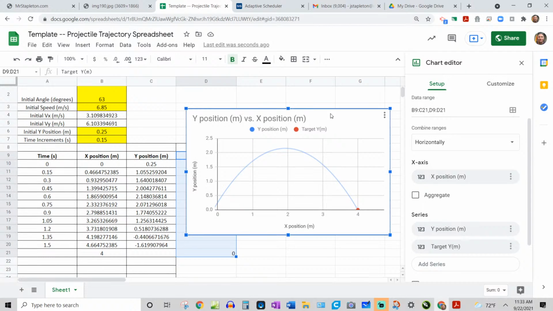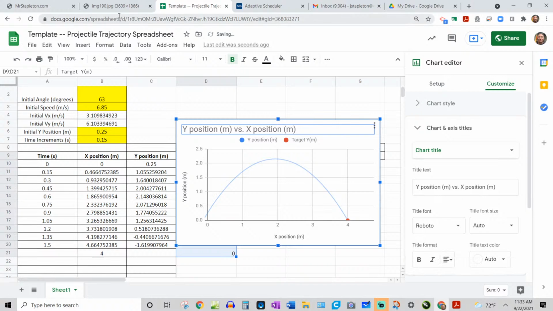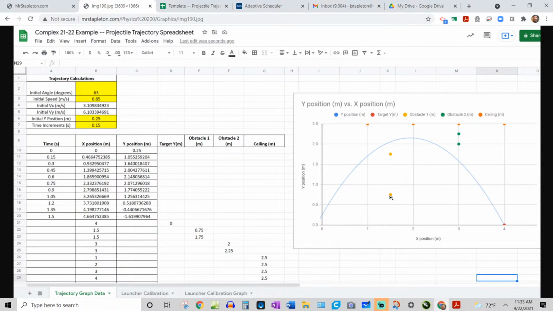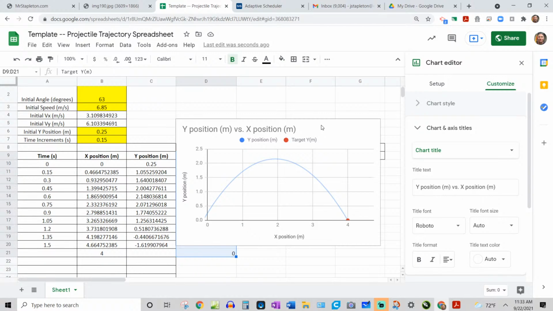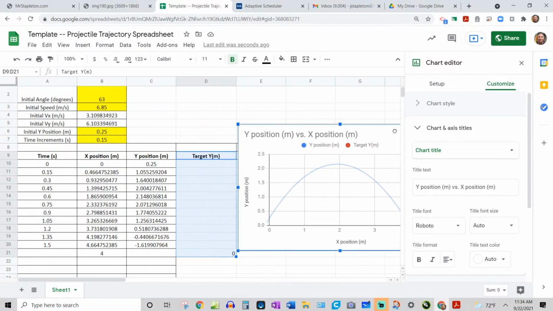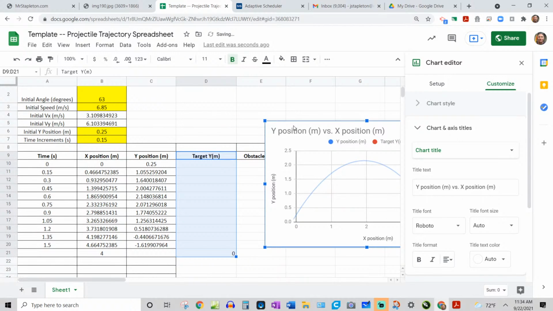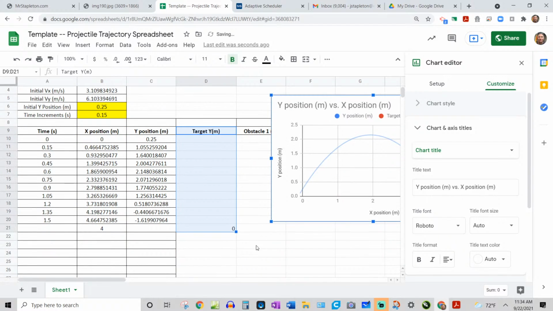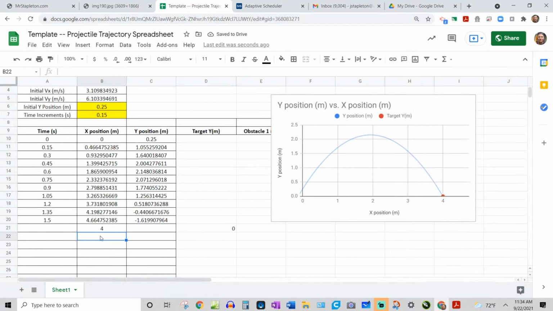So I'll put in the same kind of target that I have in the example. I've got this target that's 1.5 meters out, and it's between 0.75 and 1.75 high. So that's my first, I think I might have said target, I meant obstacle. So for the obstacle, the X position is 1.5 and 1.5.